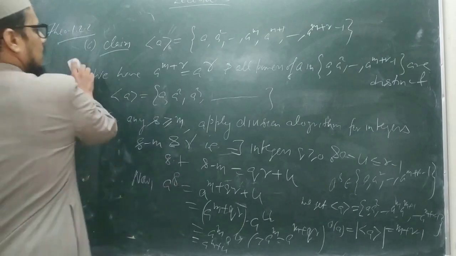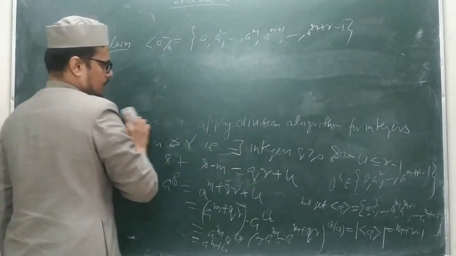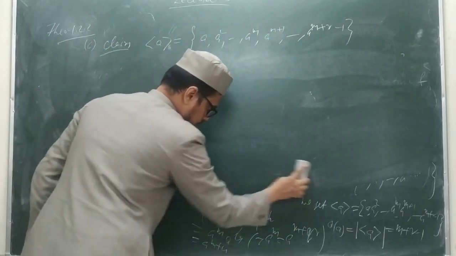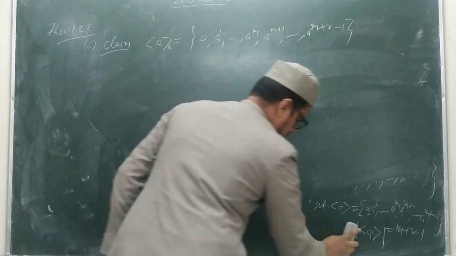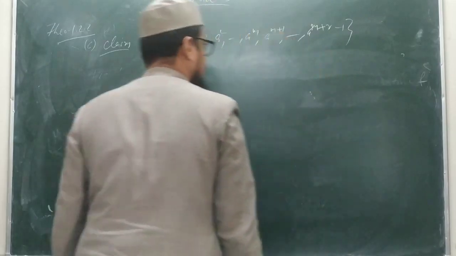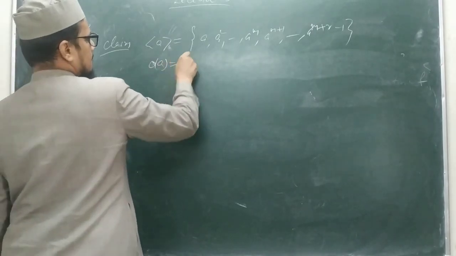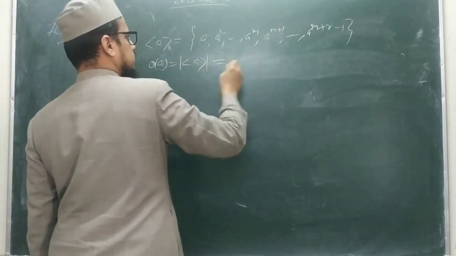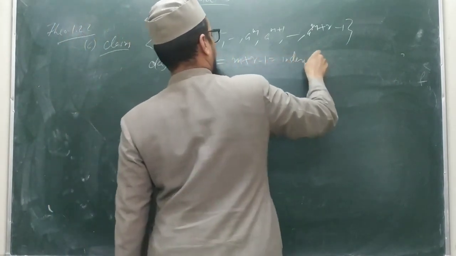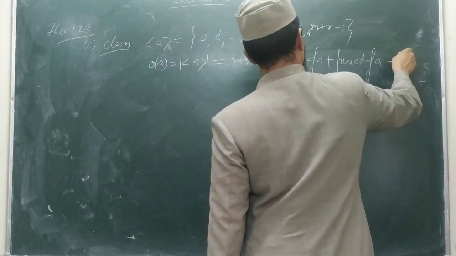So we can say that the order is m plus r minus 1, that is index of a plus period of a minus 1.